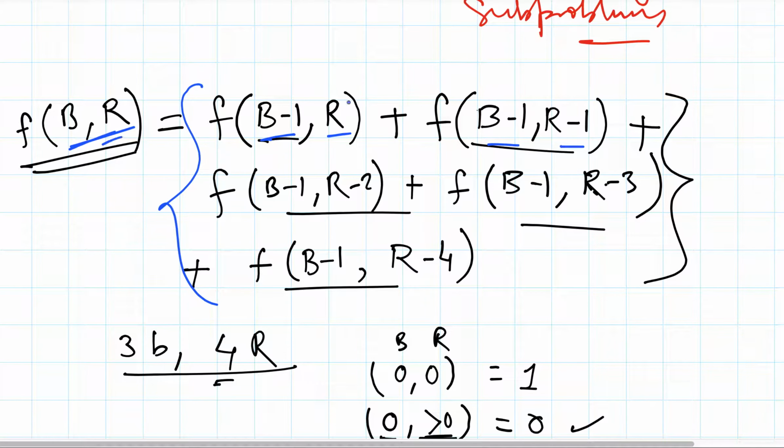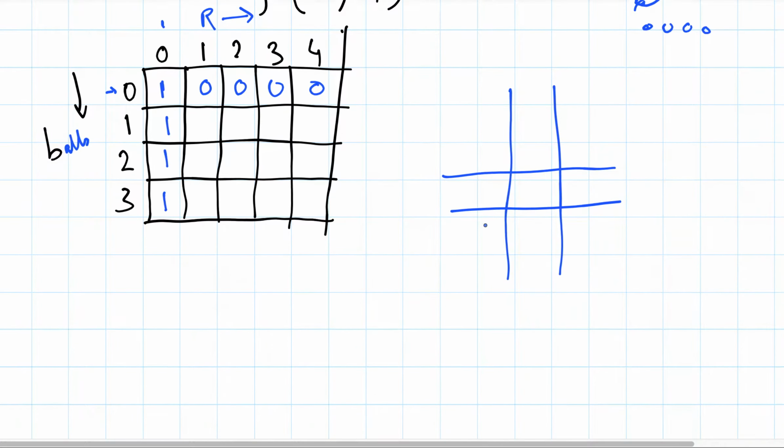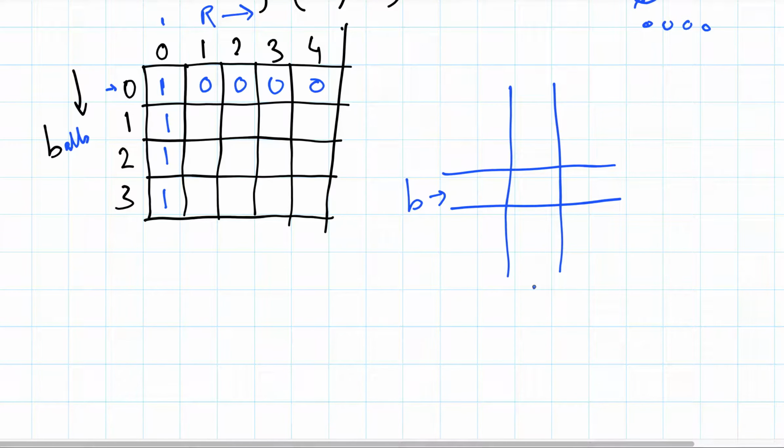So this BR depends on 5 values. Every coordinate corresponds to a cell in the table. So if this row is B, this row is R, then to calculate this BR, it depends on B minus 1, that is this row, B minus 1 R, that is same column, then B minus 1 R minus 1, so this column, B minus 1 R minus 2, B minus 1 R minus 3, B minus 1 R minus 4.